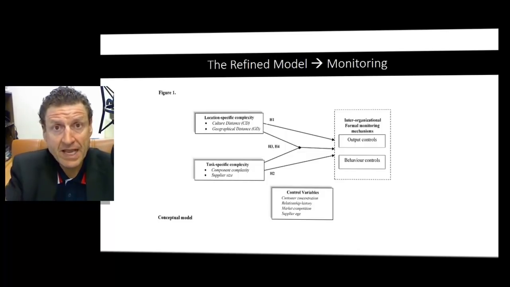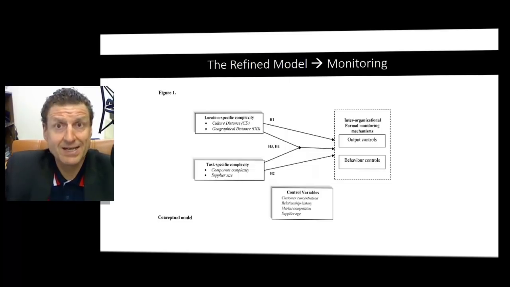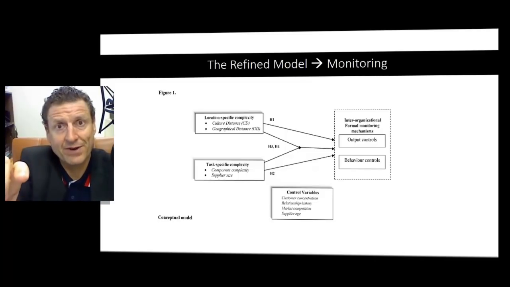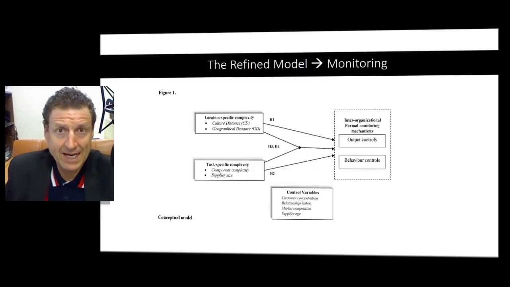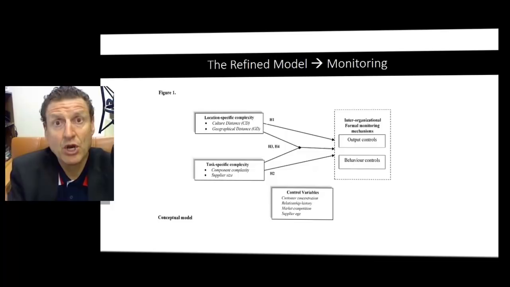Now, after knowing the literature hasn't focused on formal control, I've actually dug deeper into formal control and split it out into output controls and behavior control. So you can see now we've gone deeper, deeper, deeper, and we have a lot of clarity over who has studied this and who has not studied this.